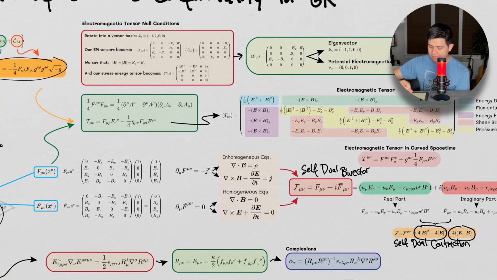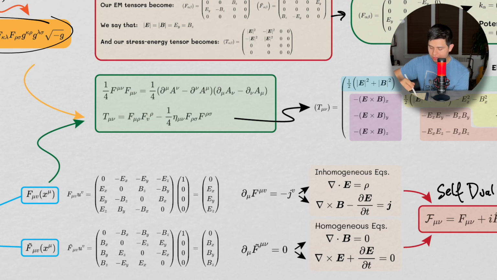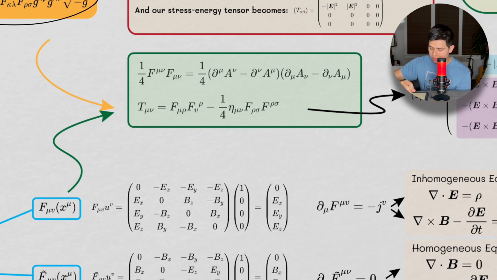Okay, and the idea here is that the electromagnetic field can also be a source of curvature in spacetime, right? Because in Einstein's field equations, recall, we had G mu nu is proportional to T mu nu.